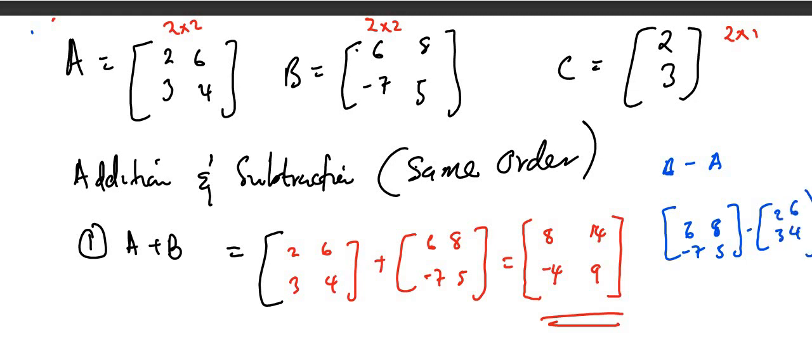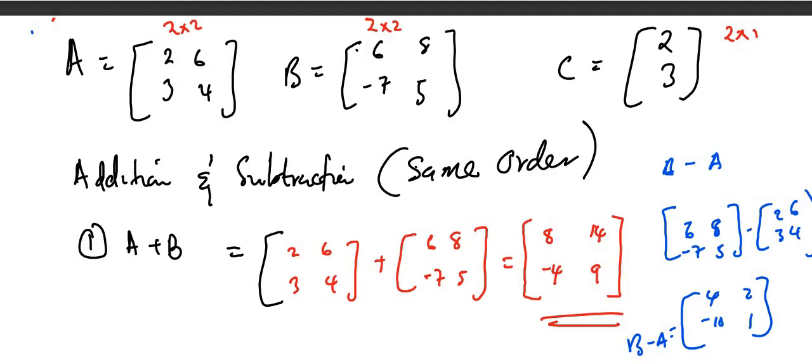So 6 minus 2 is 4, 8 minus 6 is 2, -7 minus 3 is -10, then 5 minus 4 gives us 1. So this here is your B minus A. Again, addition and subtraction can only work if the matrices are of the same order.